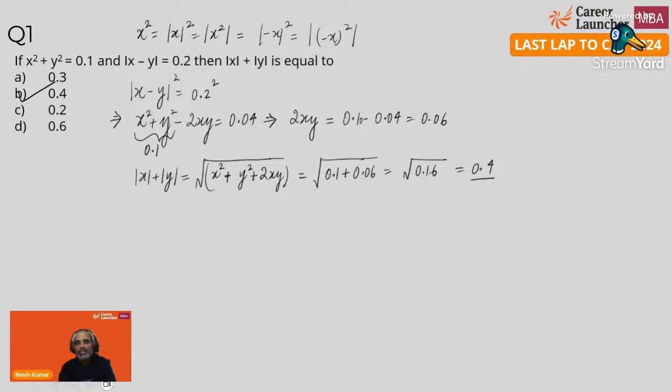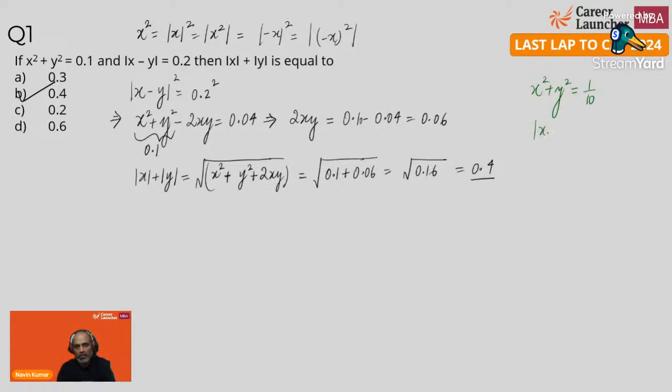The other way is what I'm going to do is ignore the decimal point. Shall we do it? If we ignore the decimal point, will that work? This is the smart approach. So basically, I am saying that x square plus y square is equal to 1 upon 10, right?